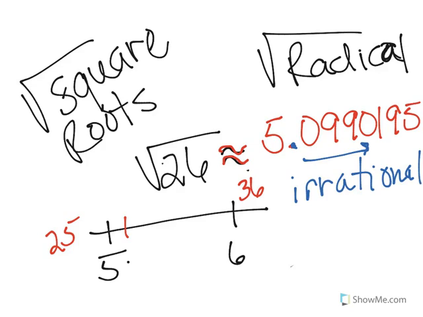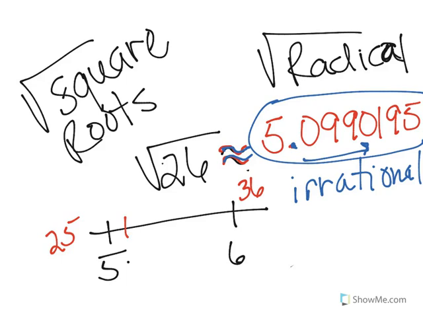Means I can't write it in the form of A over B. That means it's irrational. I put the approximate sign here because, again, this is close to the actual value. Since I can't write all the digits, because they go on forever, I'm saying it's about 5.0990195.